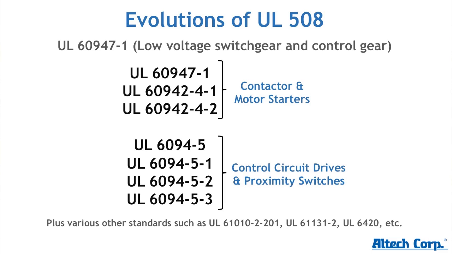So UL essentially took the 508 standard, picked it apart, looked at where they could overlap it with similar component standards, mostly from Europe, IEC standards, and then marry them with a new UL standard which has a UL and a 60 pretty much in front.